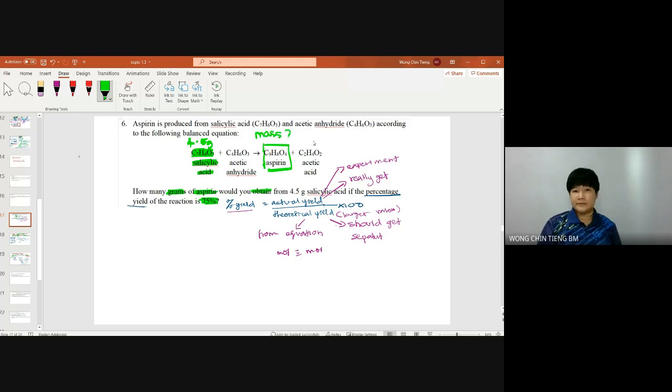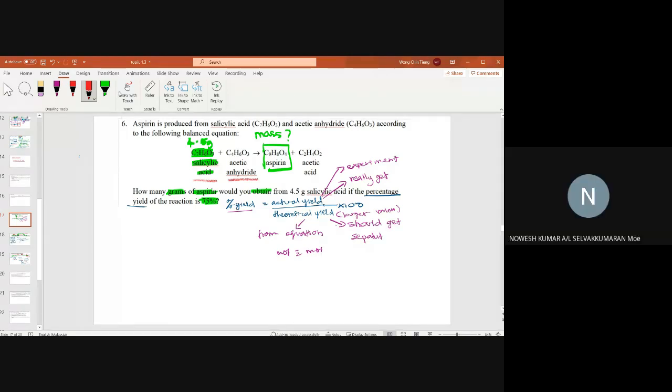Question over here. Siapa limiting reactant? I have two reactant, you know. We still have two reactant. I still have my salicylic acid. I still have my acetic anhydride. And I'm looking for the product. So the product always depends on the limiting. Who is the limiting? Salicylic acid.